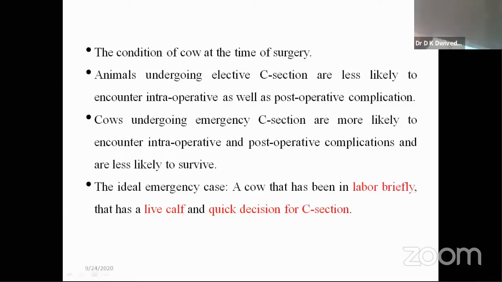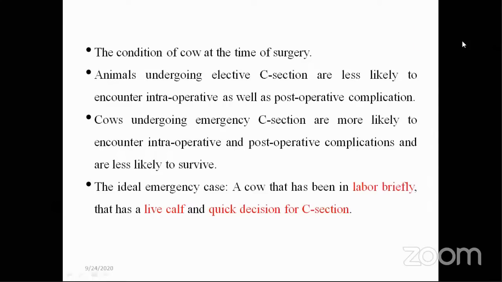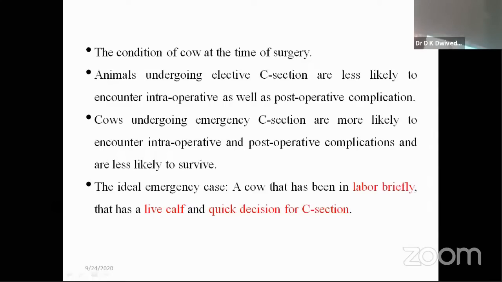So the person who is handling this dystocia case must be able to analyze and arrive at a concrete decision whether this condition may be relieved normally or whether this case should go for the C-section. This is very important for the excellent outcome of the C-section.